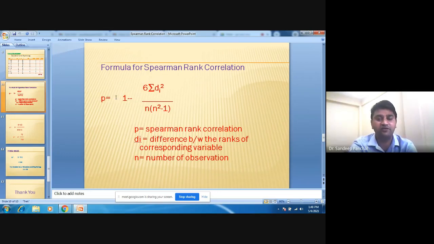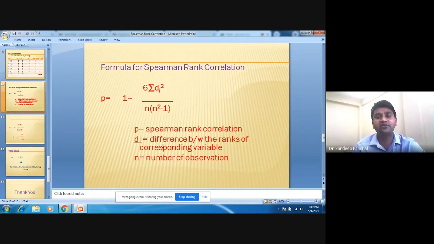And what is the formula for it? 1 minus 6 sigma d square by n into n square minus 1. So this is the formula for calculation of Spearman rank. P means we are talking about the Spearman rank correlation. D means the difference between the ranks of the corresponding variables.